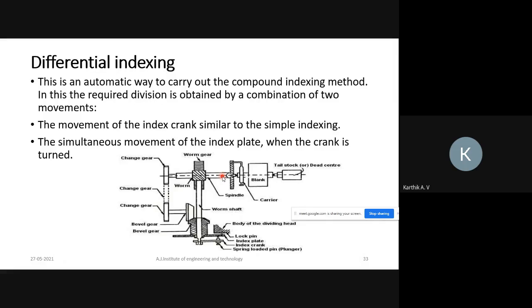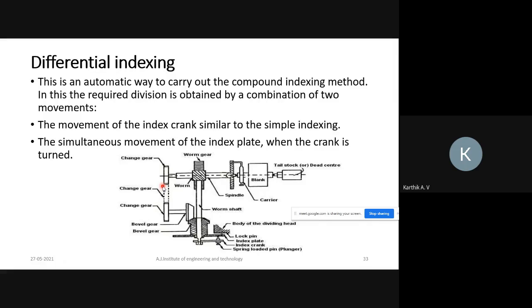The third gear is connected to the shaft, which is the spindle with the workpiece, and some more movement will be given with the help of this index crank. The index crank is directly connected to the spindle, along with some more movement given with the help of this gear train, so you get the same principle as the compound gear train.